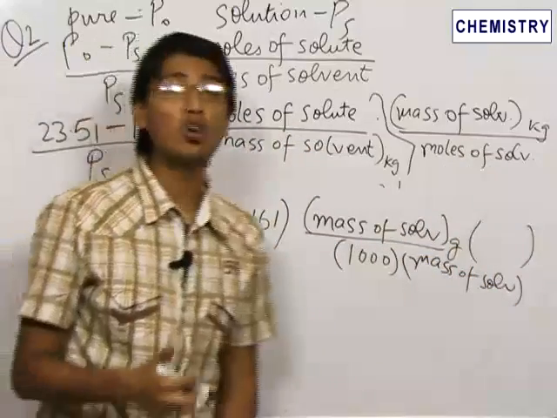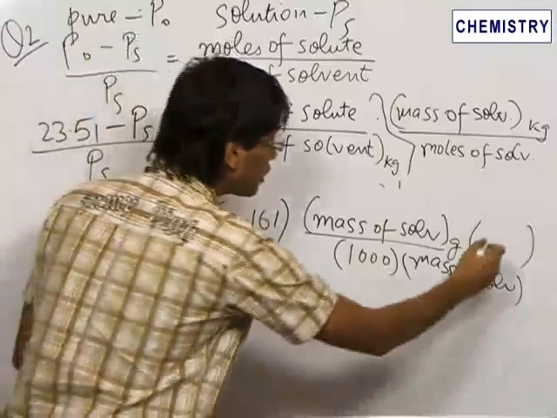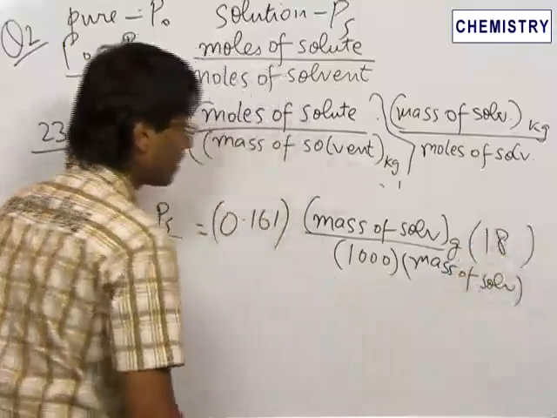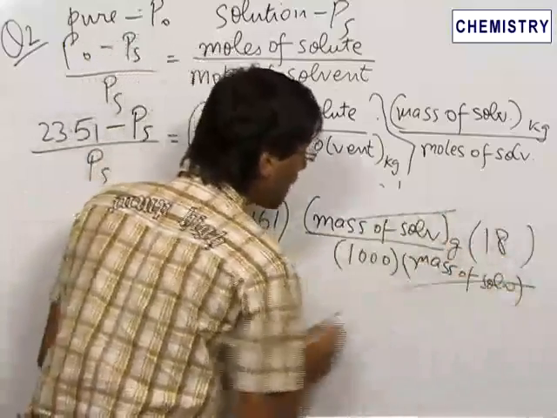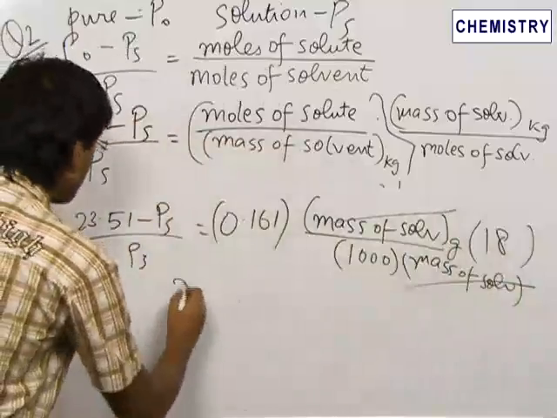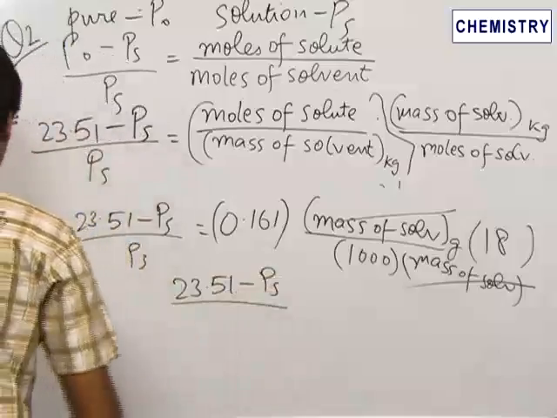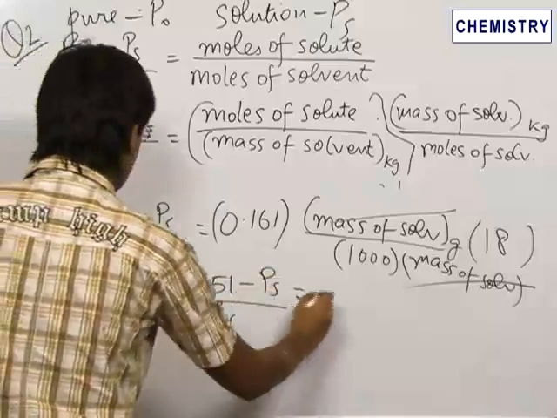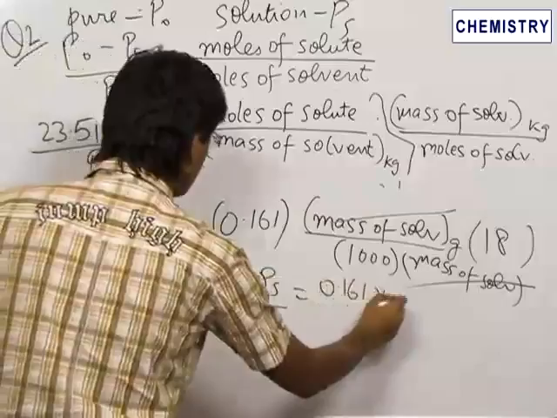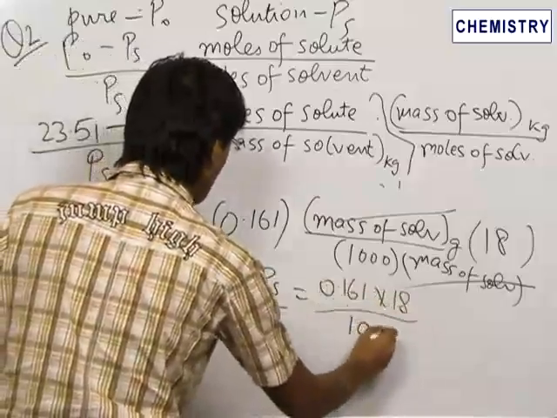Here we know that the solvent is water, so this becomes 18. This mass of solvent and this mass of solvent get cancelled, and we get the equation (23.51 minus PS) upon PS is equal to 0.161 into 18 upon 1000.